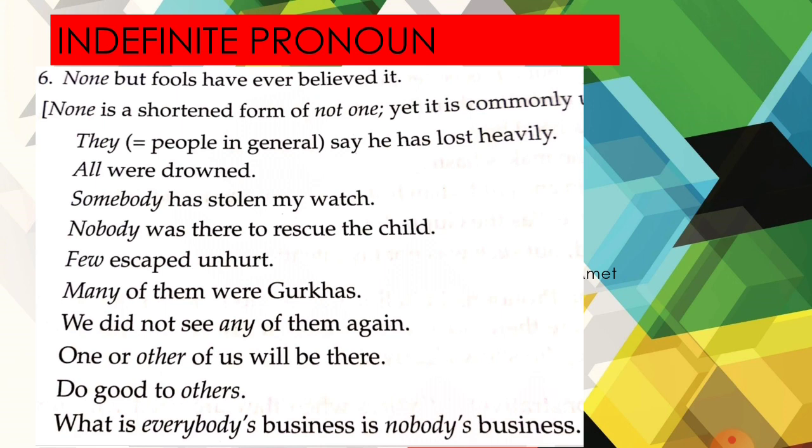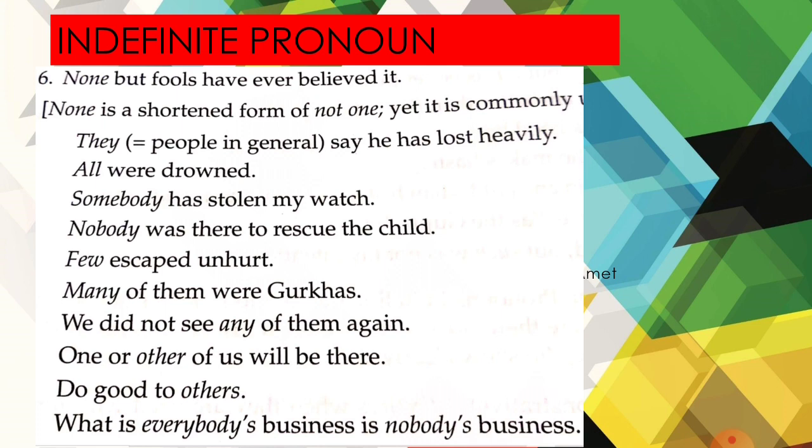Then, there is none I love like thee. So, none is again indefinite. One cannot help smiling at what he says. So, one. One does one thing, another does another. So, here we understand that one and another are both indefinite pronouns.